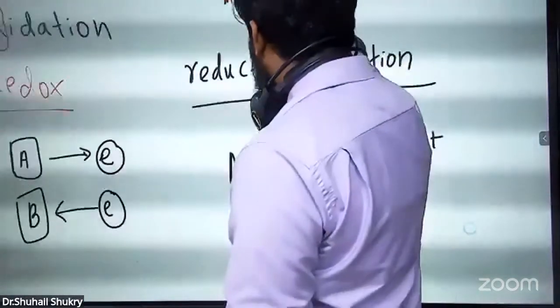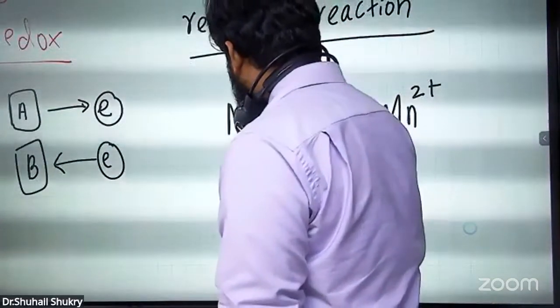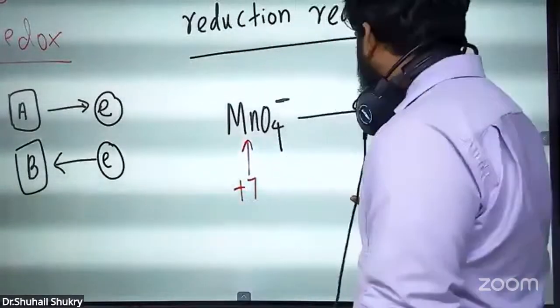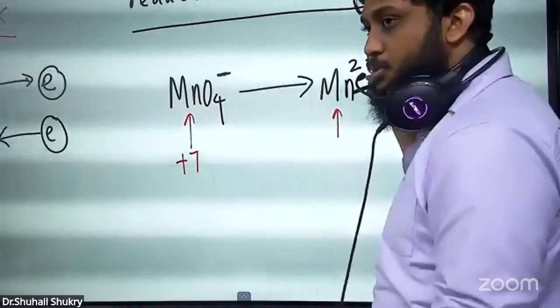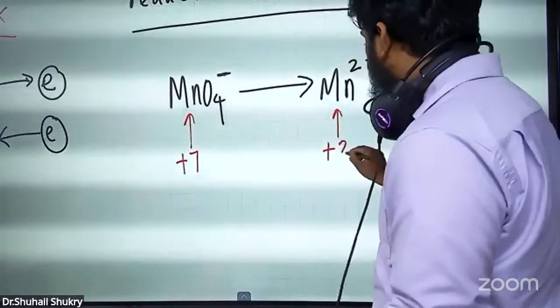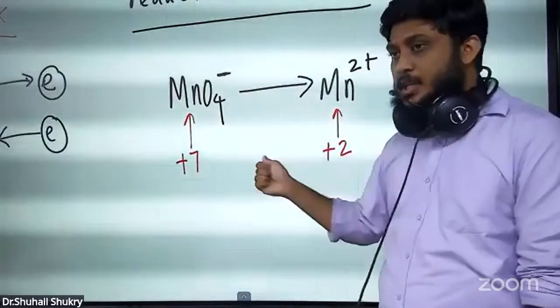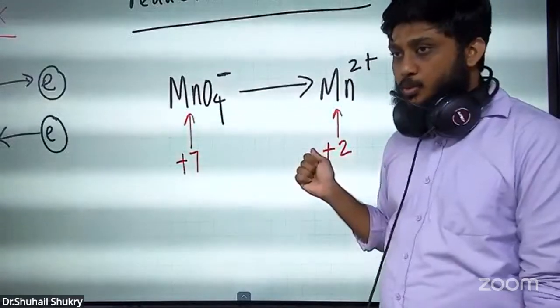Now tell me, what is the oxidation number of this manganese? Plus 7. What is the oxidation number of this manganese, with 2 plus charge? Therefore, this oxidation state is plus 2. Can you see what has happened to the oxidation number? It has reduced.